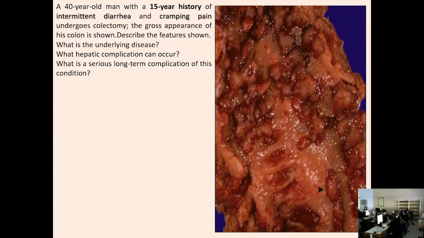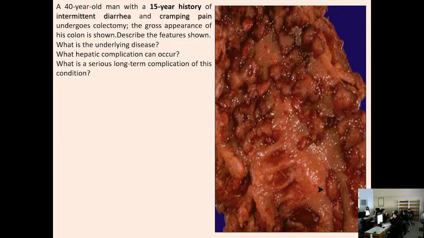And you see cramping pain. The patient had a colectomy because of a complication, not similar to those of Crohn's disease, the strictures and fistulae we mentioned. No. In ulcerative colitis, the most important complication is when the mucosa becomes severely dysplastic.